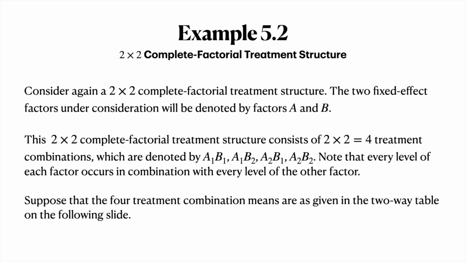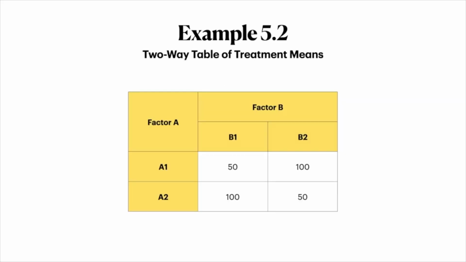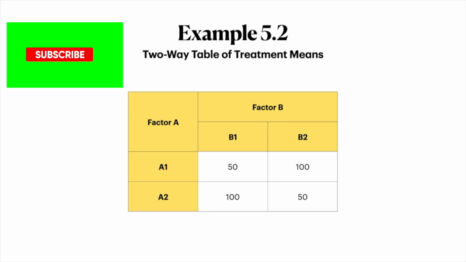And so here we have that the mean of the treatment combination A1B1, which is denoted by mu11, is 50. The mean of the treatment combination for A1B2, which is denoted by mu12, is 100. The mean of the treatment combination for A2B1, which is denoted mu sub 21, is 100.